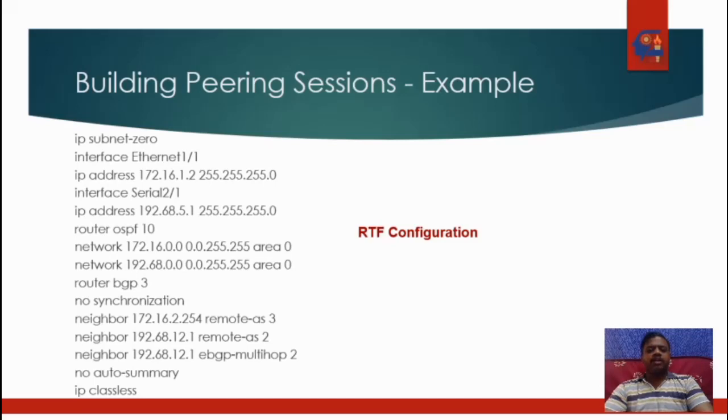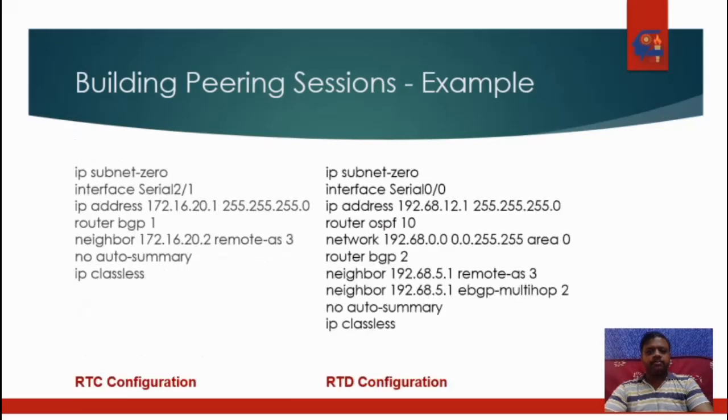Also, the value at the end, 2 in this example, represents the TTL, time to live value, to be configured in the IP packet header. The configurations of RTC and RTD are shown in this slide.